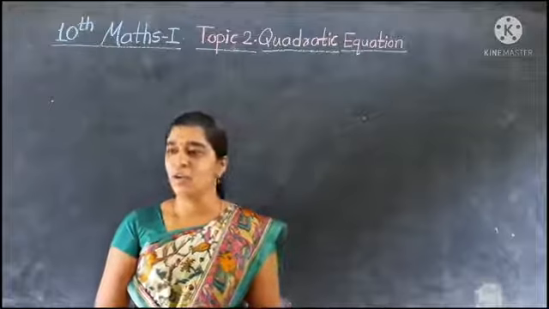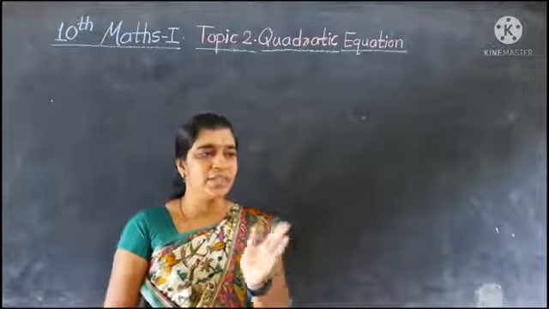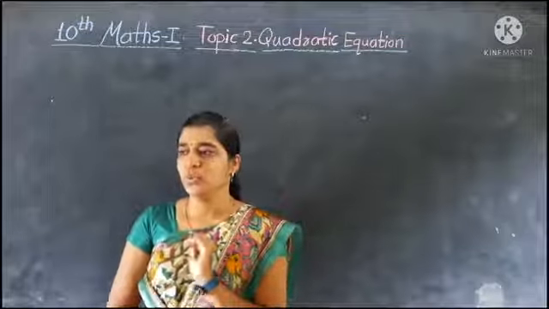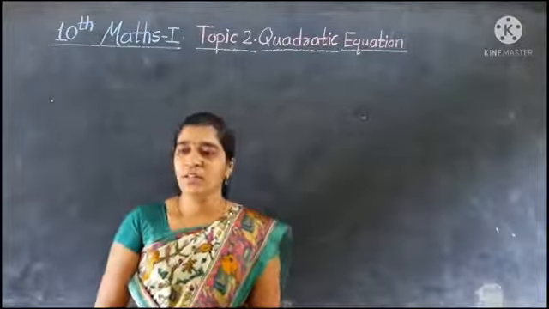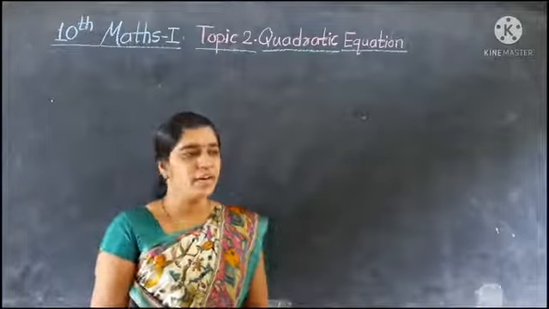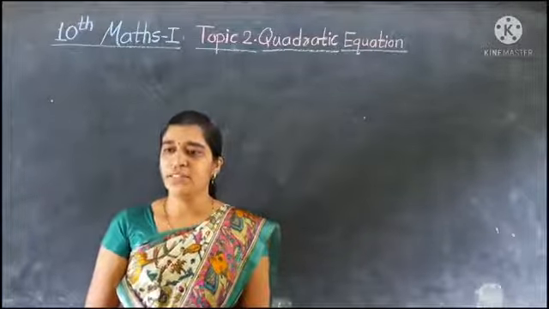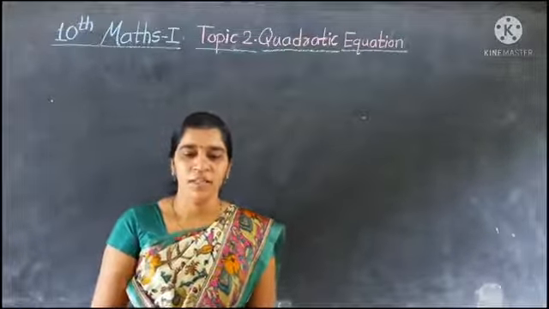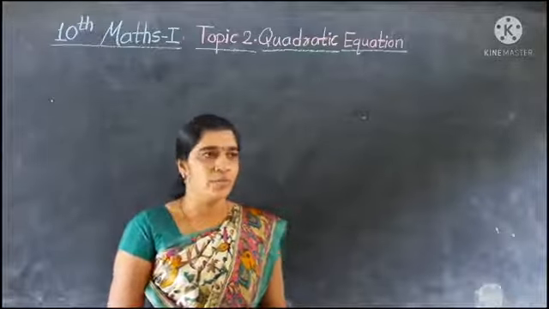That is, the general form of a quadratic equation is ax square plus bx plus c is equal to 0. We had seen examples based on finding a quadratic equation and writing its standard form, that is, the examples in practice set 2.1.